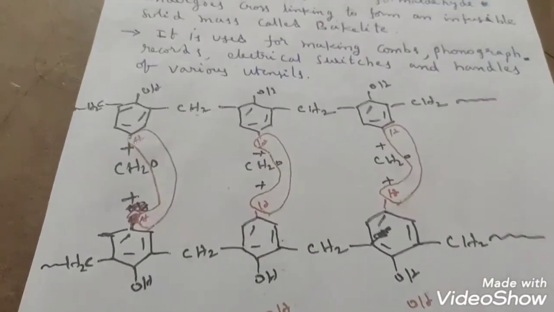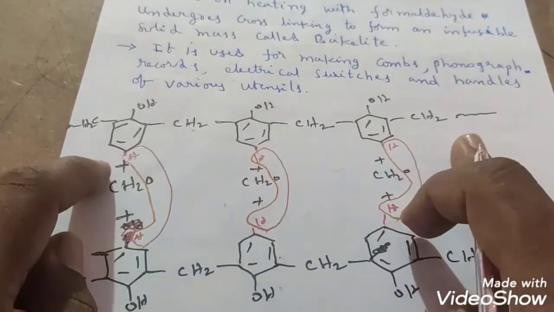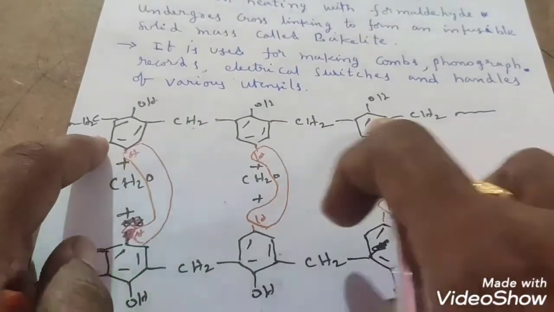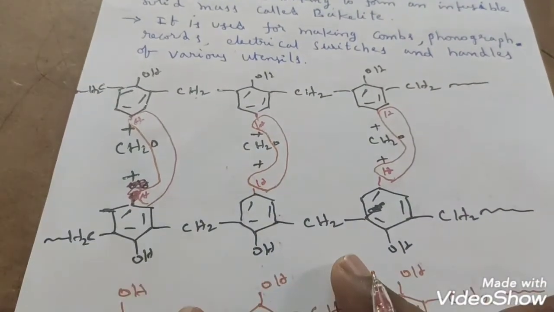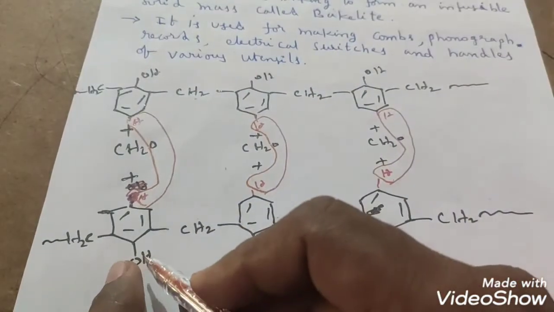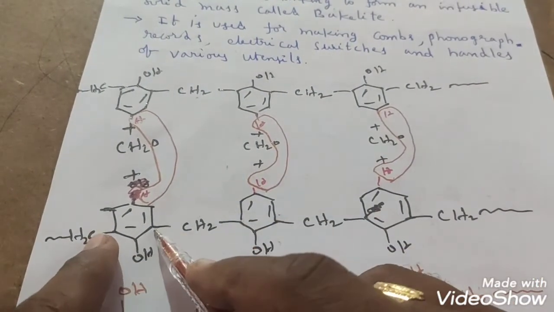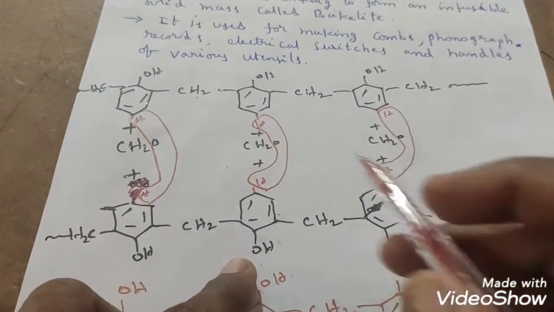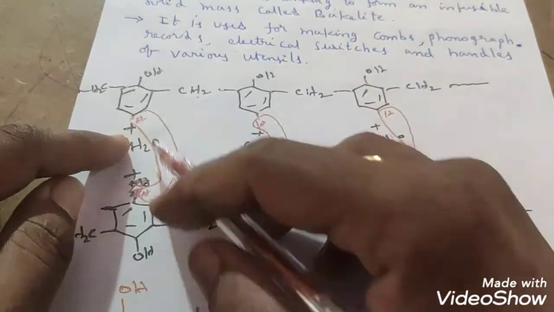How do we get this Bakelite structure? Novolac structures only, I have taken two. One is as it is and the other one is in reverse direction. That means OH is in the top position here, and here I have taken it down. At the ortho position to OH only CH2 link-up is present. And formaldehyde I have added in the middle.